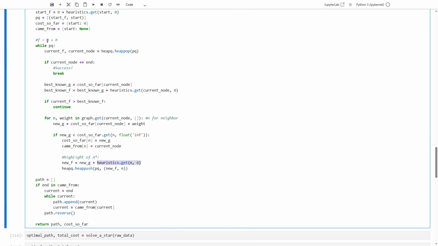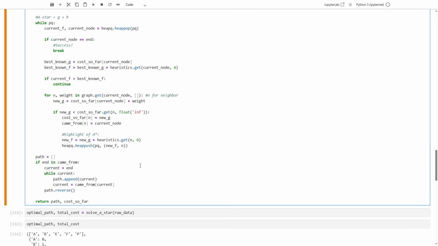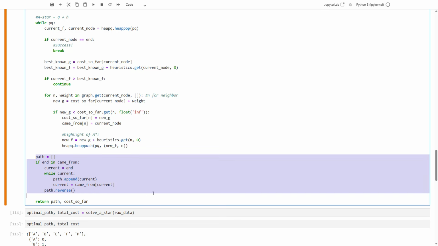And this is the formula for A star here. A star is like this, A star F plus G. And in the end, this one is also from Dijkstra reversing.